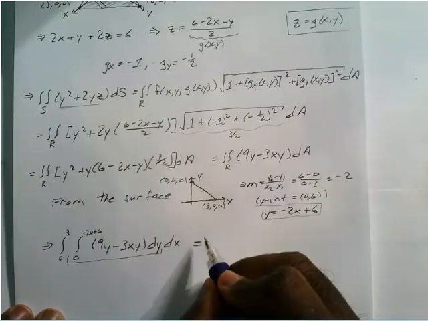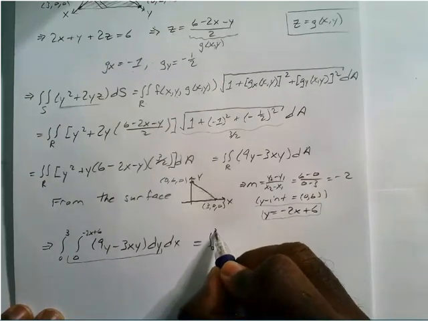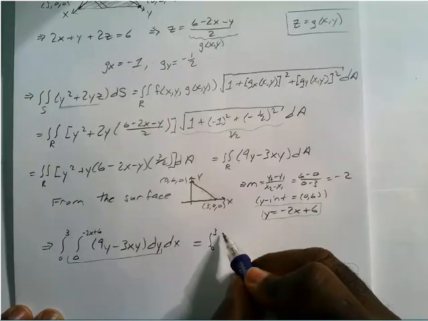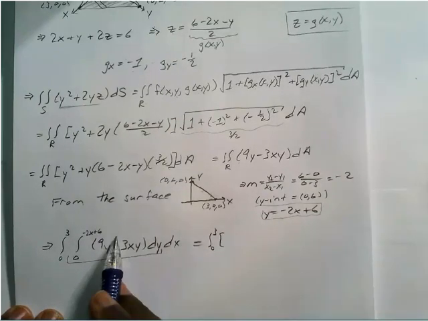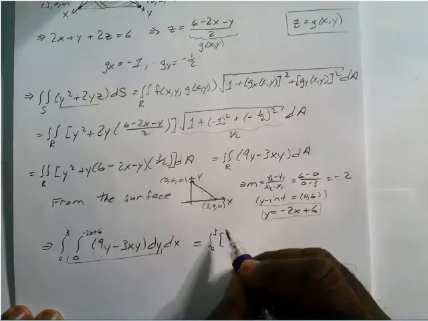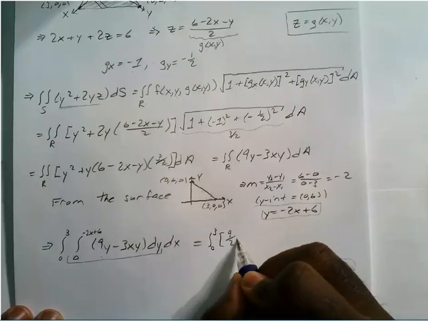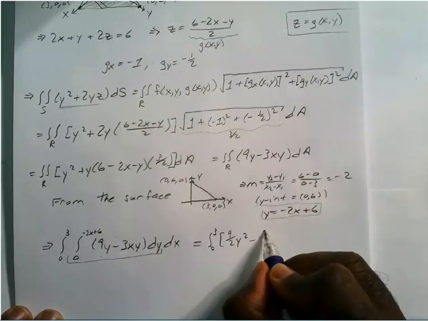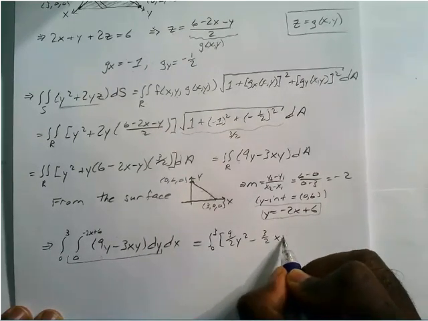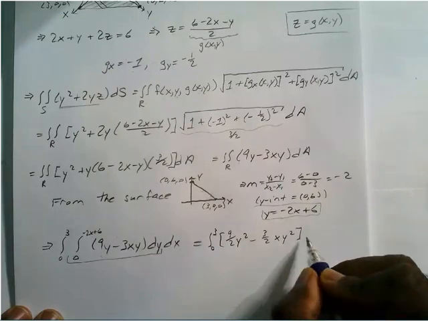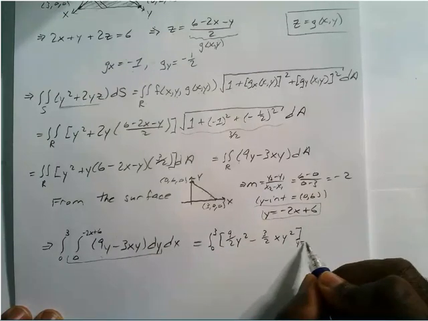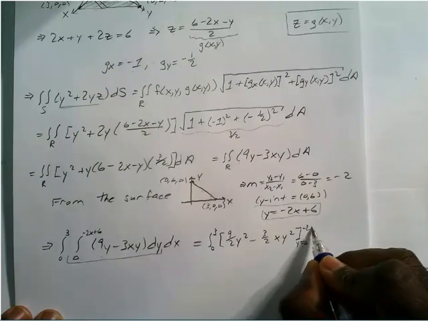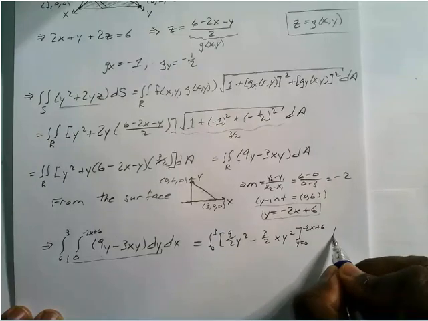Okay, so that equals the integral from 0 to 3, 9y, y squared over 2. So that's 9 over 2 y squared minus, with respect to y, y squared over 2. So that's 3 over 2 xy squared. And remember, that's from y equals 0 to y equals negative 2x plus 6.